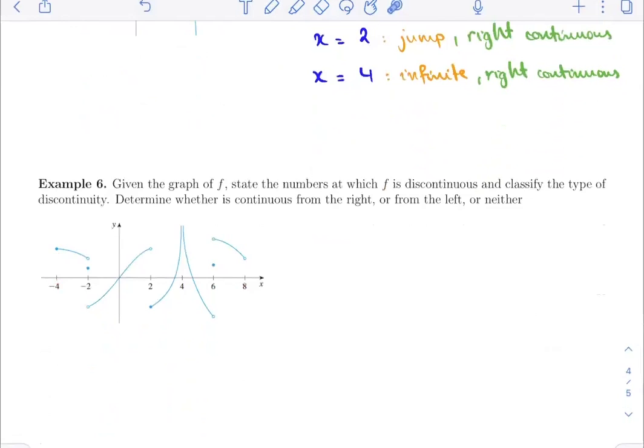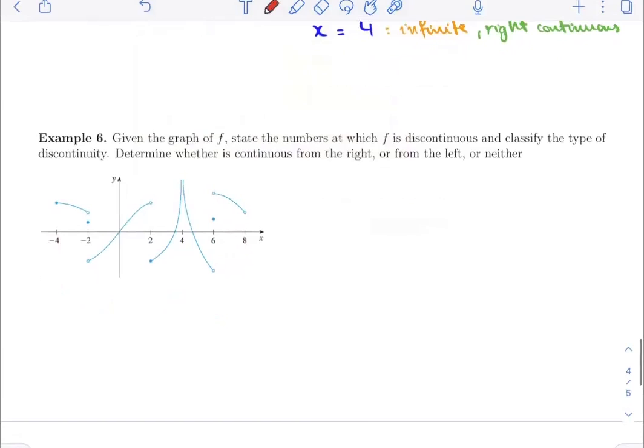When you have endpoints, you do not consider continuity at the endpoints at all. So the endpoints are there for the domain of the function.